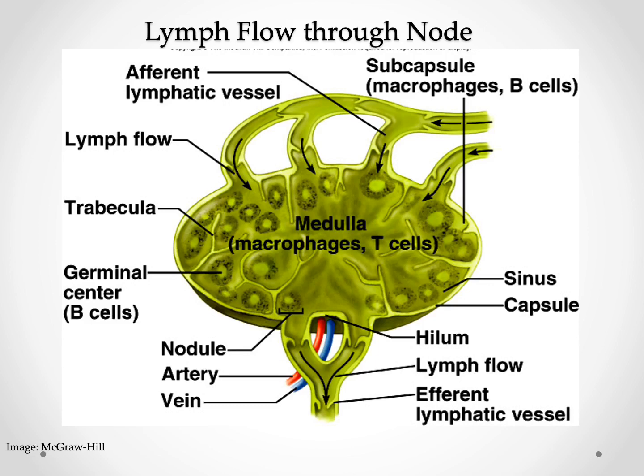These divergent collateral pathways will enter into the cortical region within the cortical sinuses. The cortical sinuses will head through the trabecula into the trabecular sinuses. The trabecular sinuses will head into the medulla within the medullary sinuses.